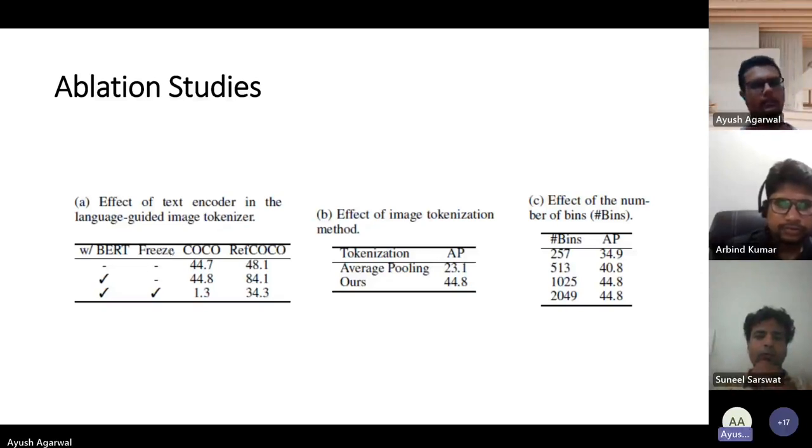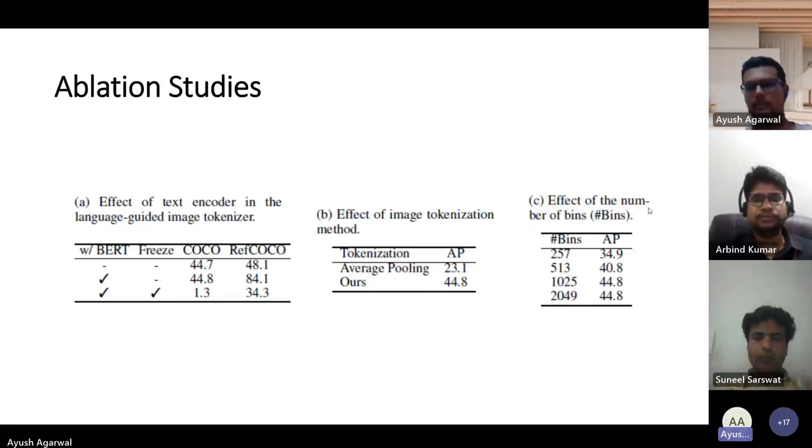And this would refer to the freezing of parameters of BERT. This also degrades the performance quite a bit. Then there is the image tokenization method. With average pooling, they get much worse results than using the method that is in DETR.